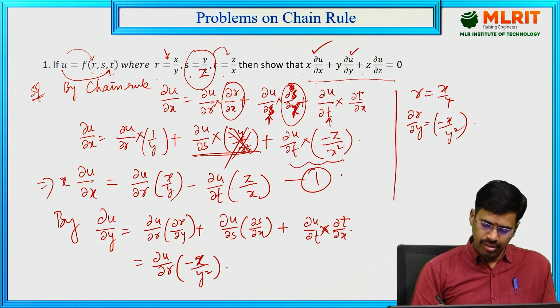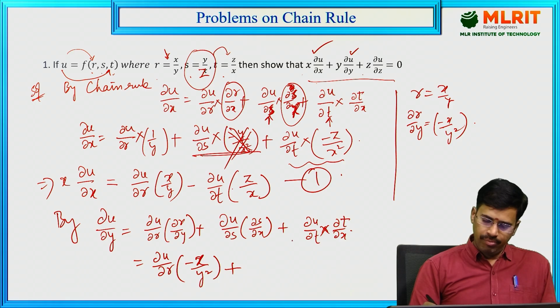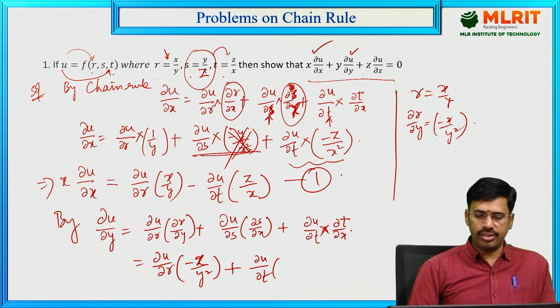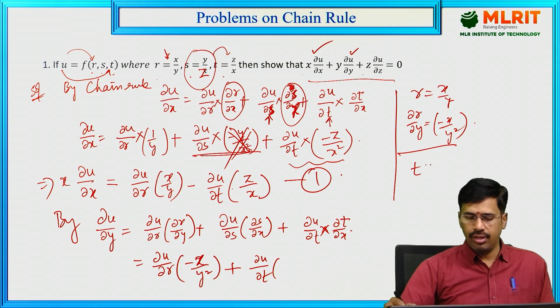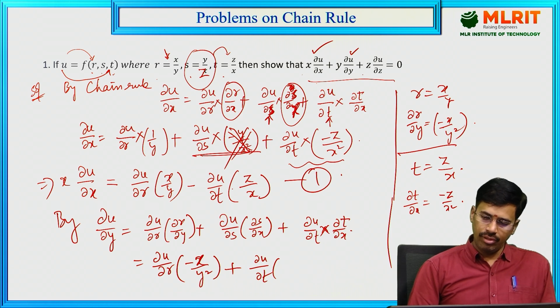Next, plus ∂u/∂s into ∂s/∂x, that is 0, plus ∂u/∂t into, what is ∂t/∂x? You differentiate t with respect to x. So what is t here? t is z/x. So ∂t/∂x can be written as -z/x². Sorry, this is with respect to y, I'm sorry.